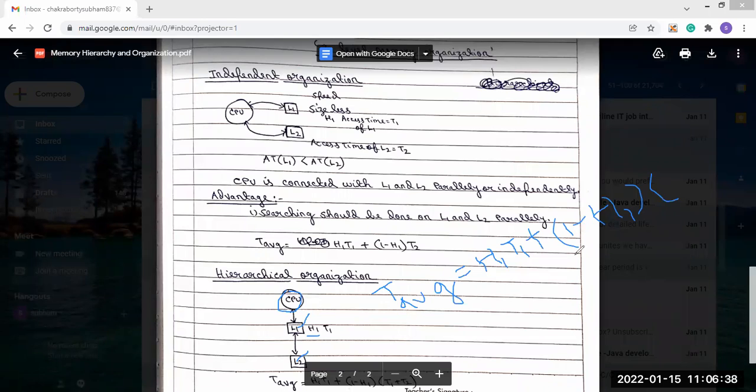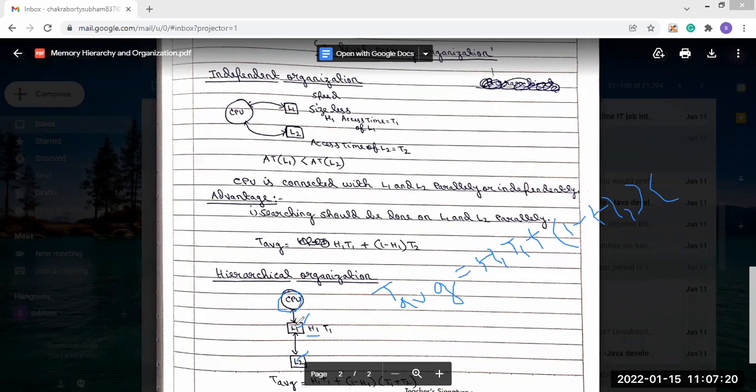Now what will be the searching time? Here you see the data is not found in the L1, but for that reason also, the CPU has to check in the L1. After checking L1, it says that the data is not found. So that access time should be considered, because we are not considering the parallel case where the CPU checks L1 and in parallel checks L2. Here, first you have to search in L1.